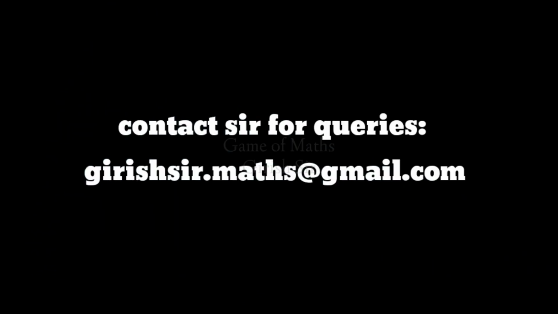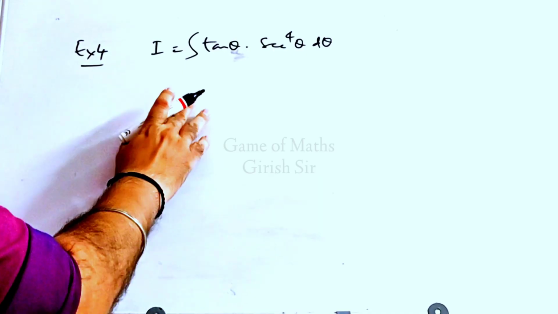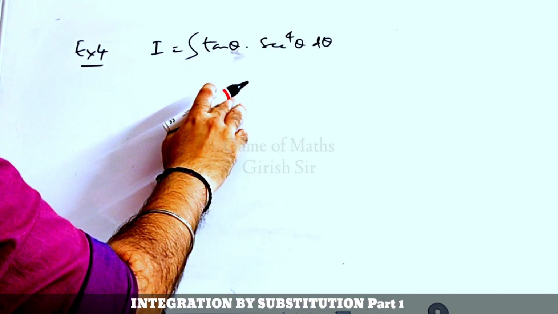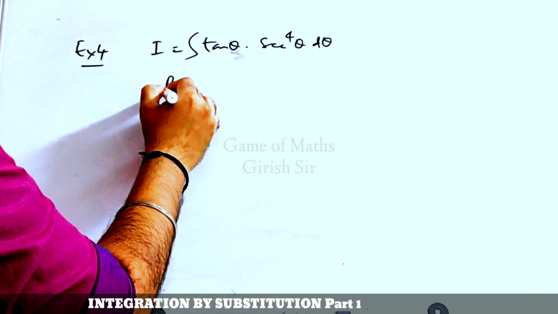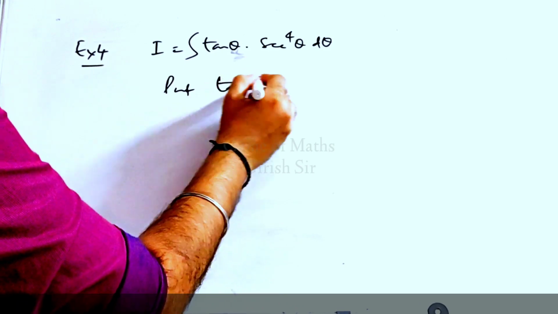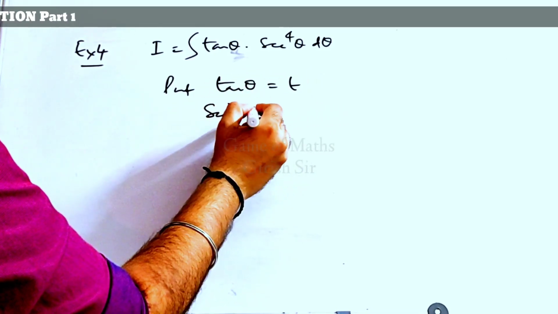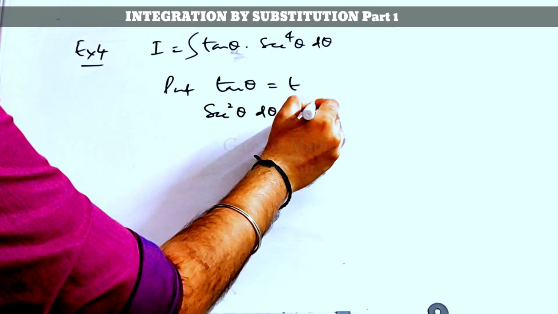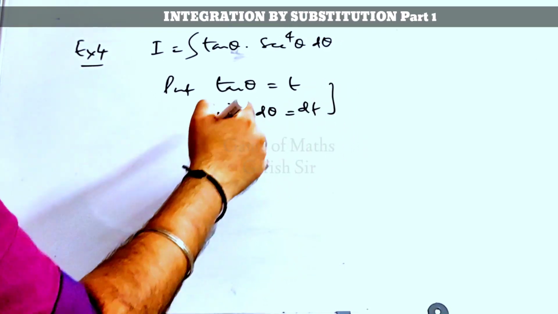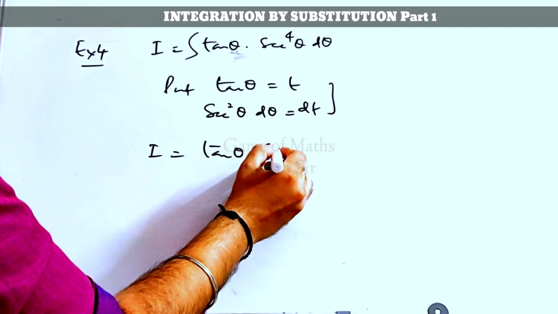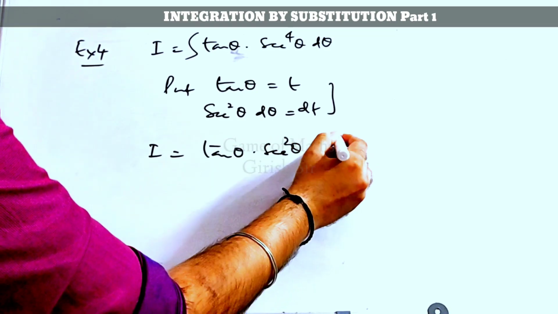Okay, let's see another question. Integral of tan theta into secant theta raised to 4. So here, if we put tan theta as t, now differentiate both sides, I'll get secant square theta d theta as dt. We can make these substitutions in the original integral, writing it like this.